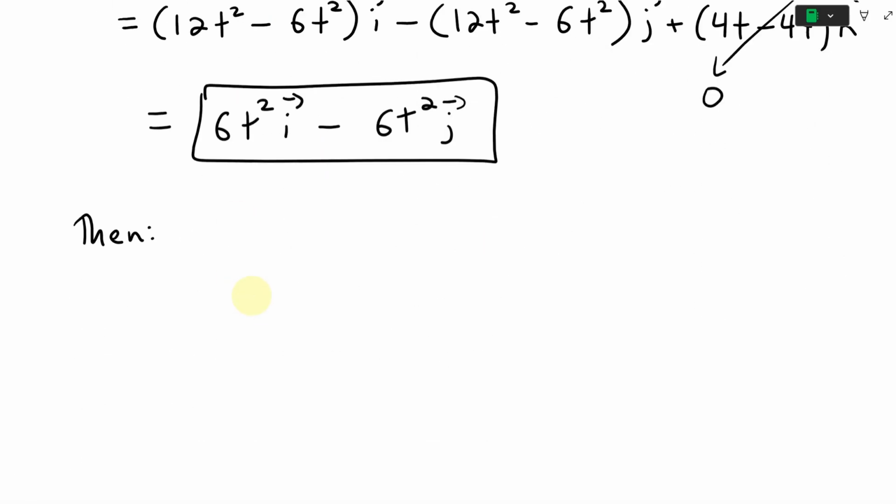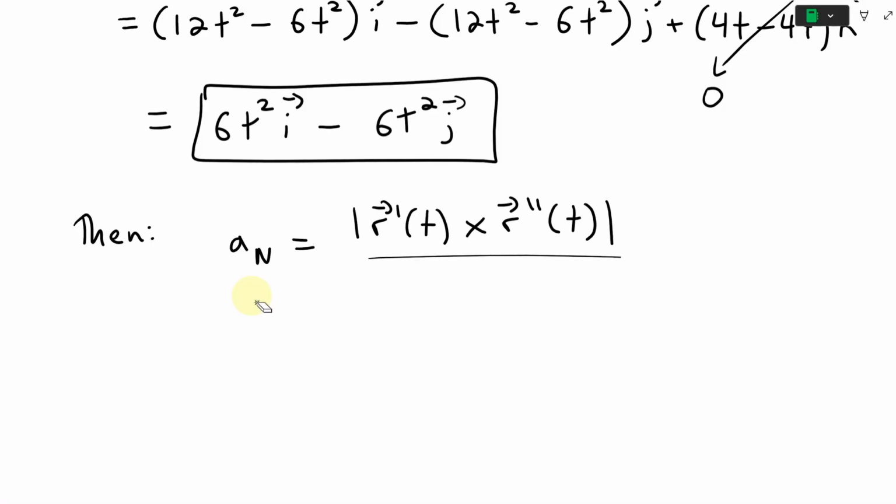We're going to have the normal component of acceleration, a_N, equal to the magnitude of the cross product of r'(t), the first derivative, with r''(t), the second derivative of the position vector, divided by the magnitude of the first derivative, or the speed.